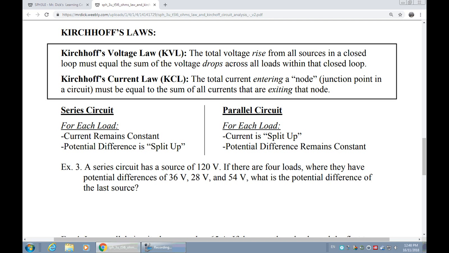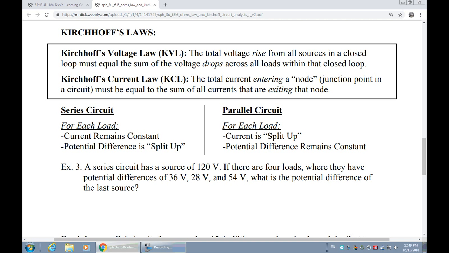His voltage law says that the total voltage rise that we see from all the sources in a closed loop, meaning one single path that electrons could follow, must equal the sum of all the voltage drops across all loads within that closed loop. So for example, if something is provided 9 volts of energy from a 9-volt battery, that's how much voltage the source is providing, that's the voltage rise.